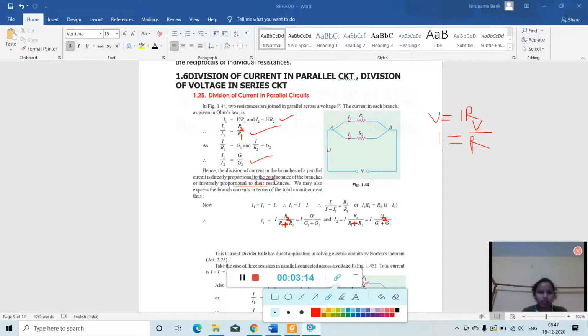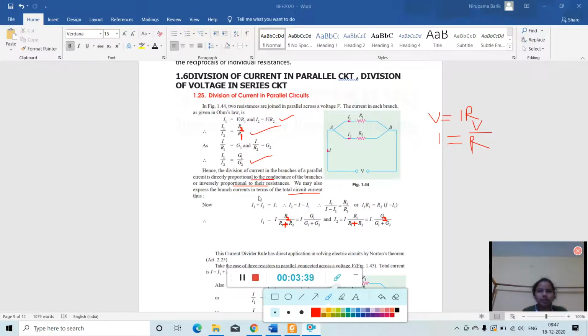Okay. So we may also express the branch current in terms of total circuit current. So this is our main formula for the current division, which we will use in solving many problems. Okay, see, so how will we find out the branch current in terms of total circuit current?